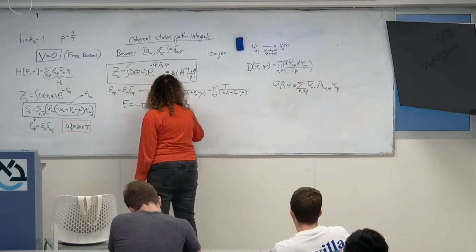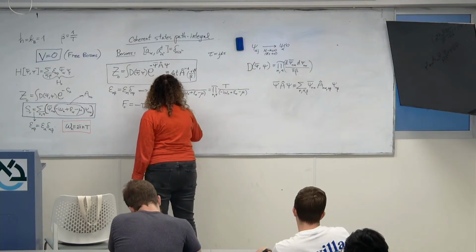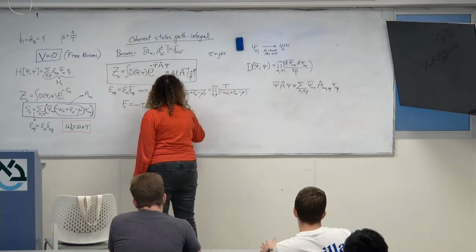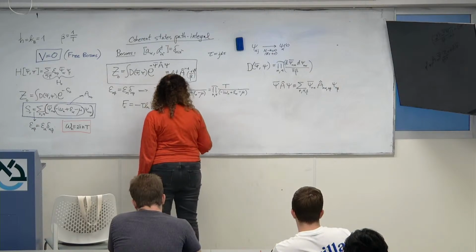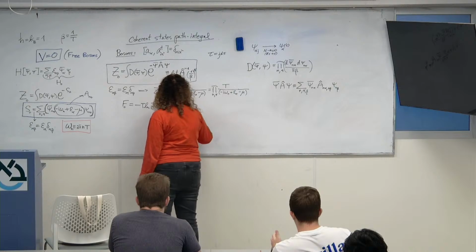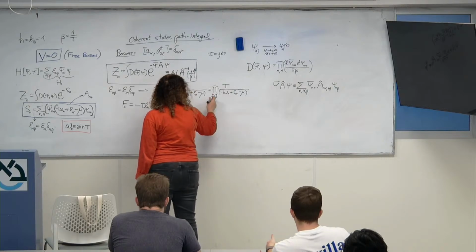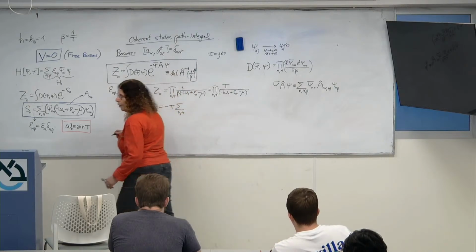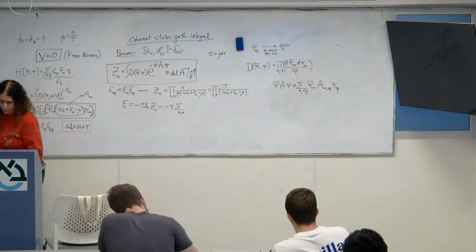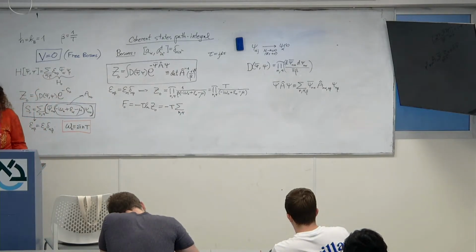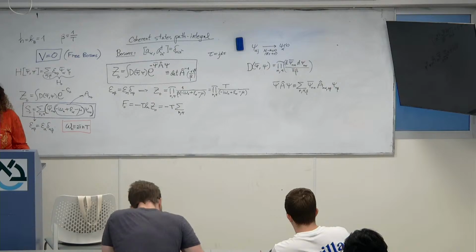So it's actually a sum over n and alpha of, actually, sorry, the minus should cancel out.